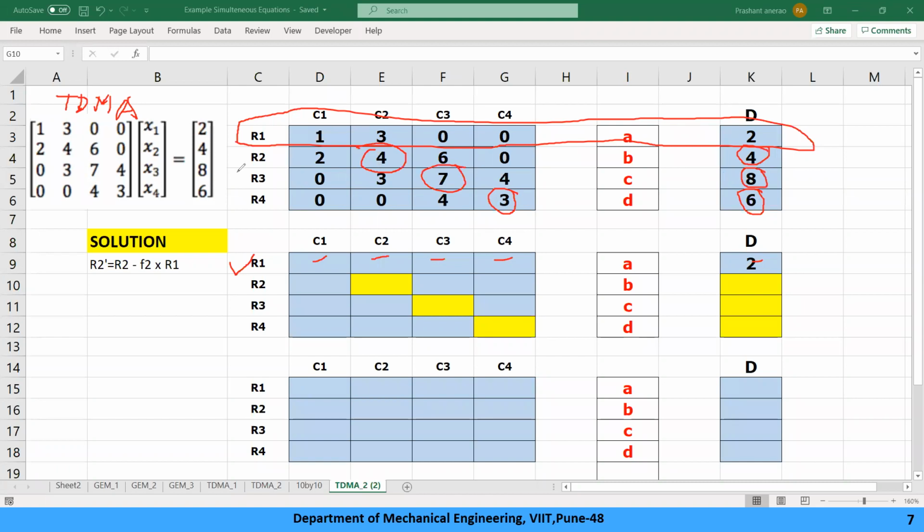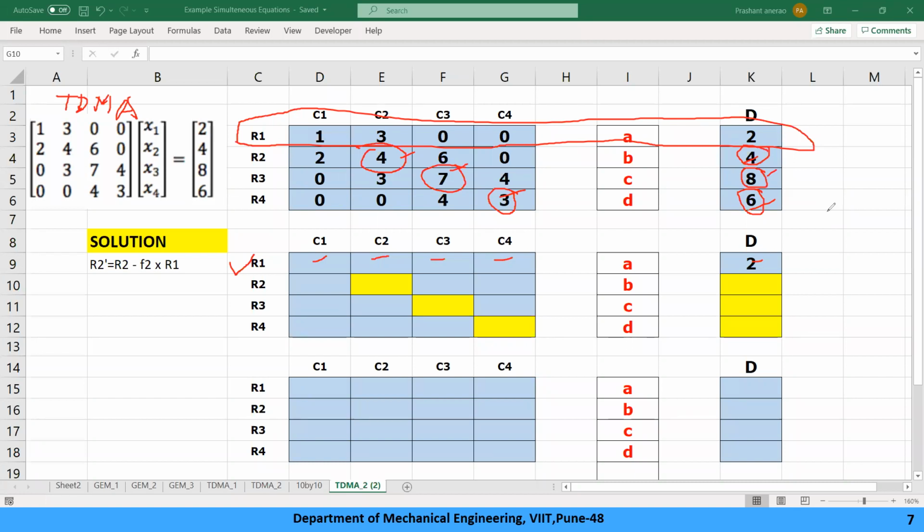To convert this into an upper triangular matrix, how many calculations do we have to do? 1 2 3 4 5 6. So only 6 calculations are required to come up with the upper triangular matrix. But to do that, keep a calm mind and do the calculation step by step with updated values.